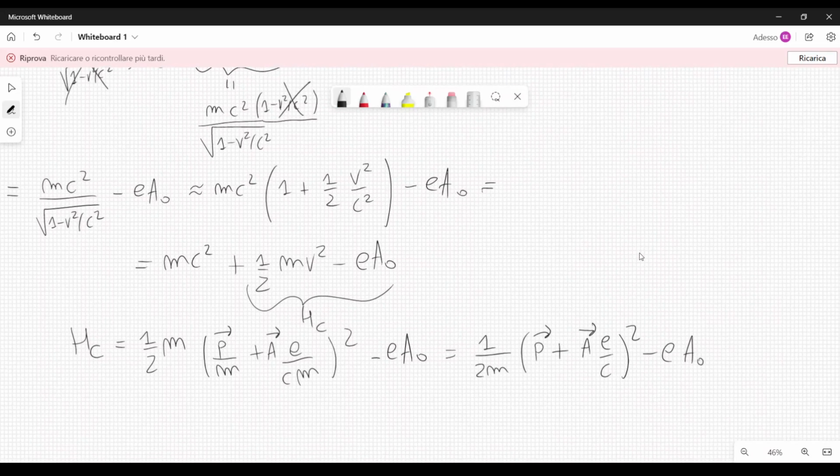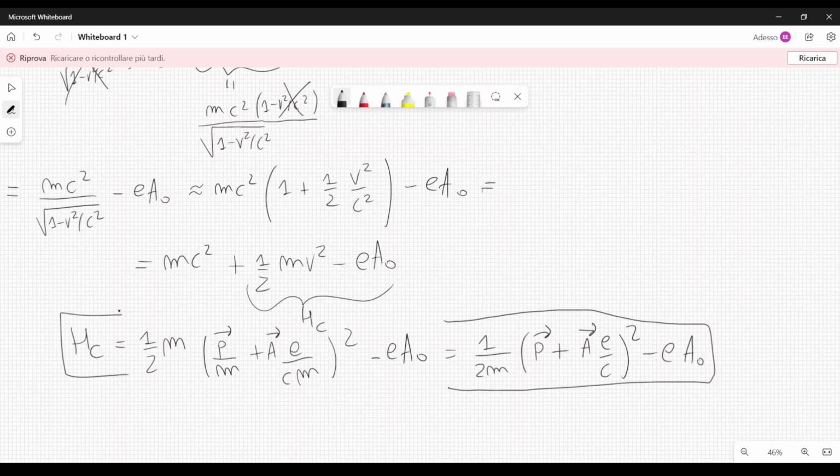Now, this is the Hamiltonian, the classical non-relativistic Hamiltonian for a particle in an electromagnetic field. Now, we also want to consider spin, and in particular, we have to introduce Pauli matrices if you want to talk about spin. The matrices will be denoted with this vector sigma, which contains the three components sigma 1, sigma 2, and sigma 3, and each of these three components is a matrix.